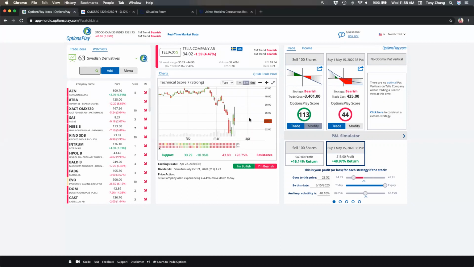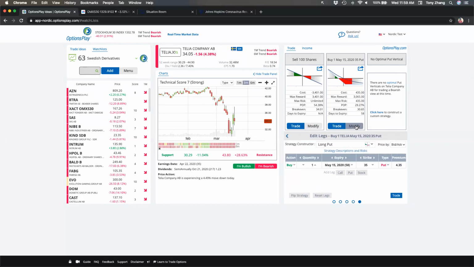So we want to look at how we can utilize options to play Telia on a move back down to about 30 crowns. Buying a 35 put option would cost me 435 crowns. That has break-even at basically the target price that I have. So from my perspective, buying this put option is too expensive.